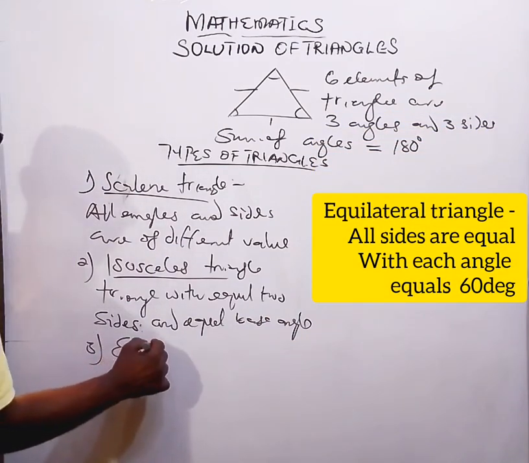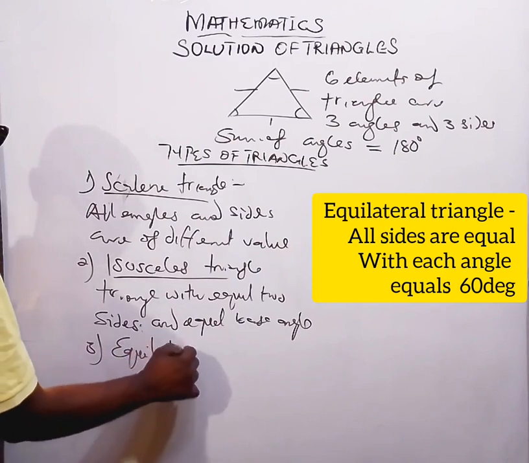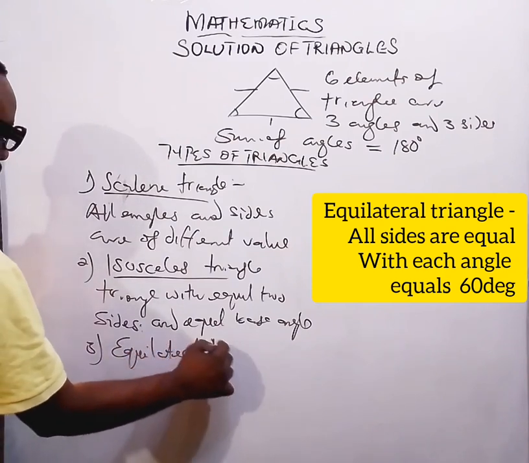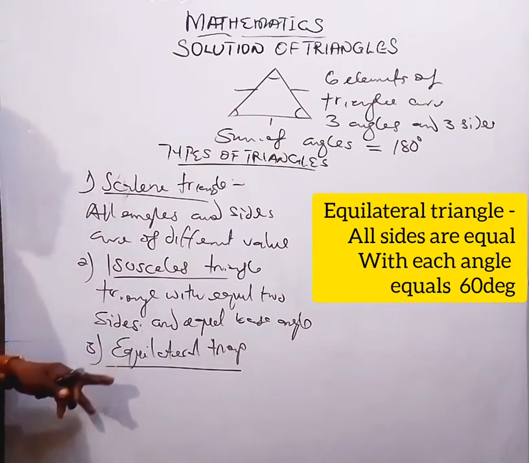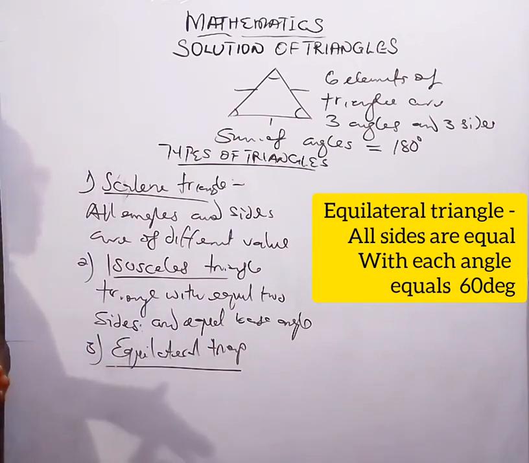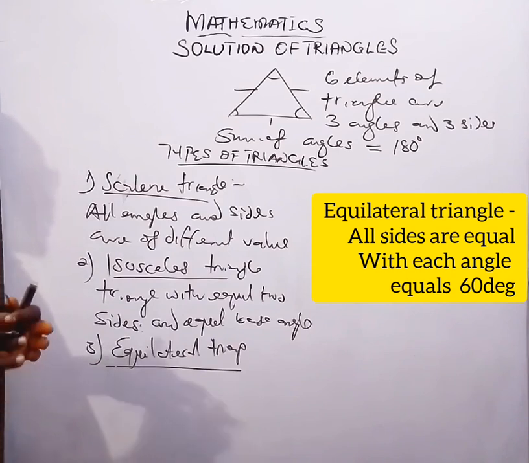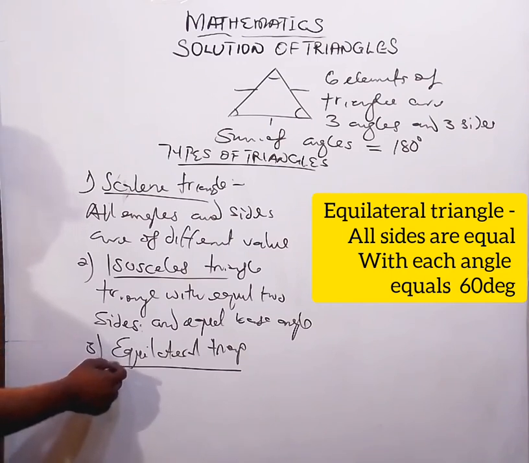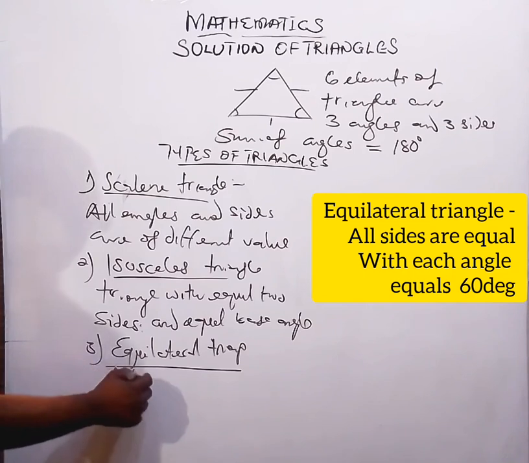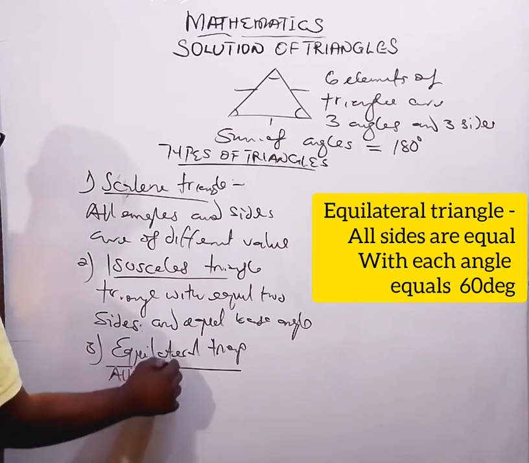Another one we have is called the equilateral triangle. This is a form of triangle where all the angles and sides are of equal value.